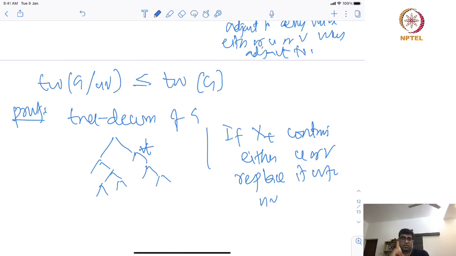It might just contain u or it might just contain v, then you still add uv. If it contains both u and v, you delete both and just replace them with uv. So notice you have not increased the bag size.